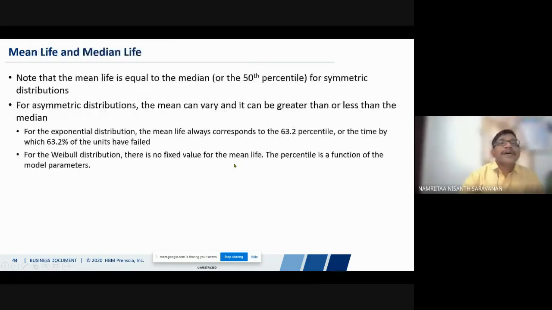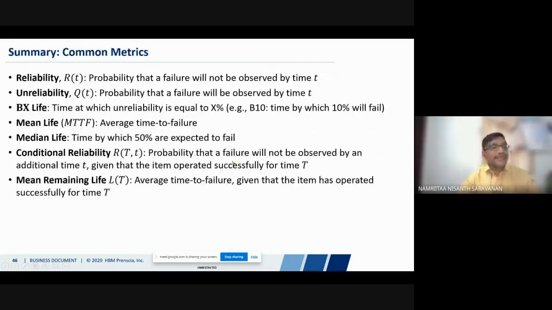Okay. As a summary, these are common metrics used in industries. Reliability and unreliability, sometimes referred to as B10 life: 10% of the population fails by what time? Mean life, the average time to failure. Median life, the time by which 50% are expected to fail.